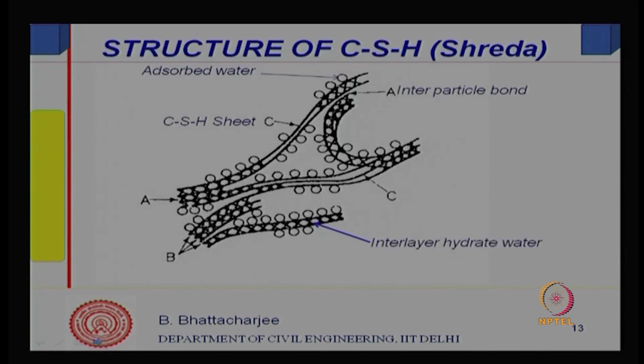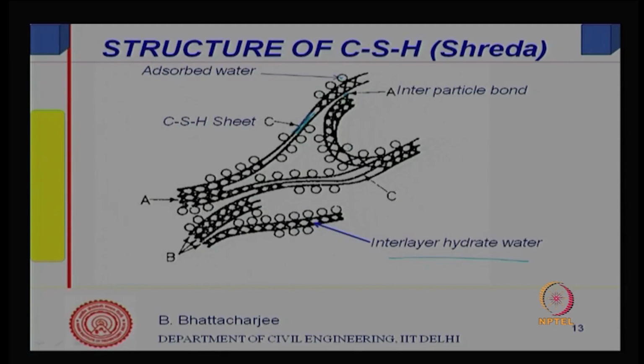There is another model after Schroeder, and here you can see adsorbed water again at the surface, and these are the sheets. So, CHS sheets are here, the adsorbed water at the surface, and the interparticle bond is between this particle and another sheet. They are not in exact parallel layers, but in different orientations. This X cross is interlayer hydrate water, shown as cross.